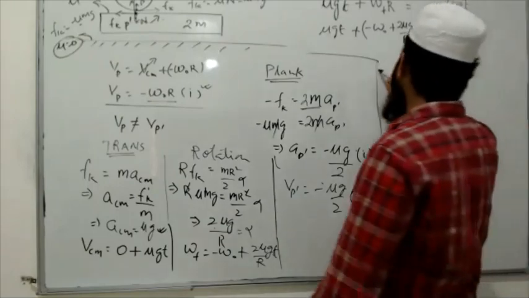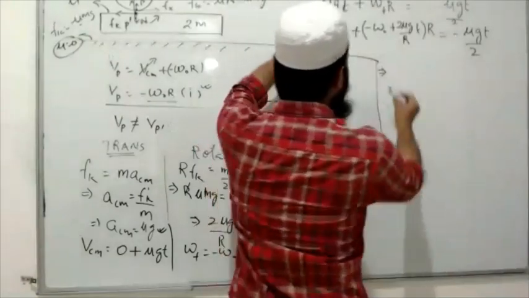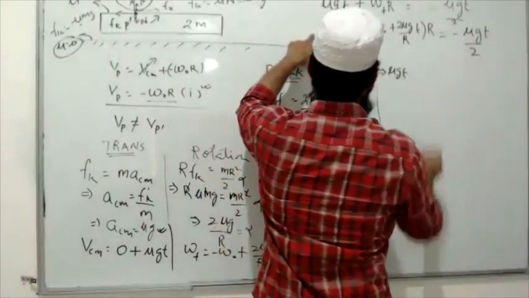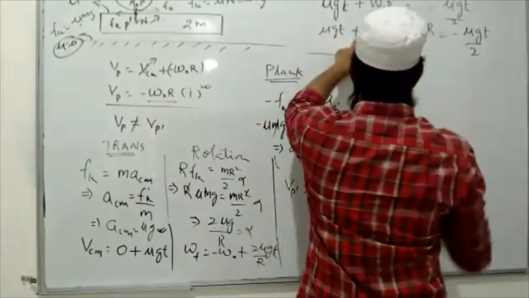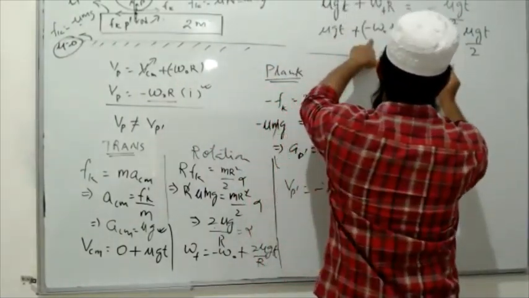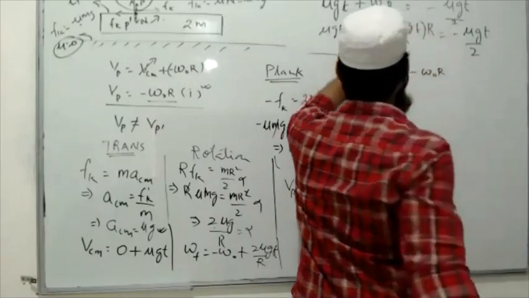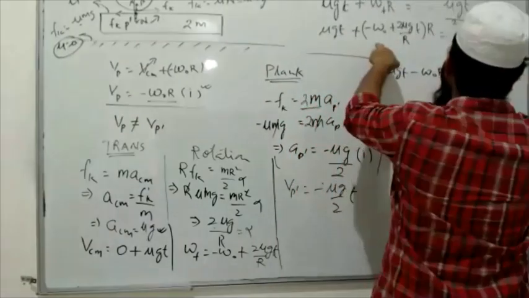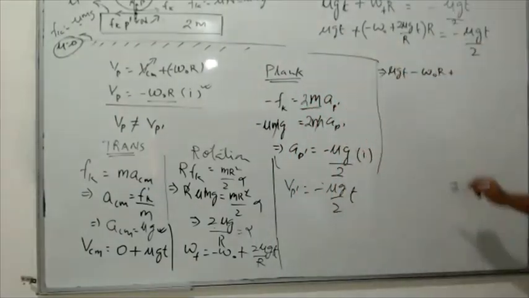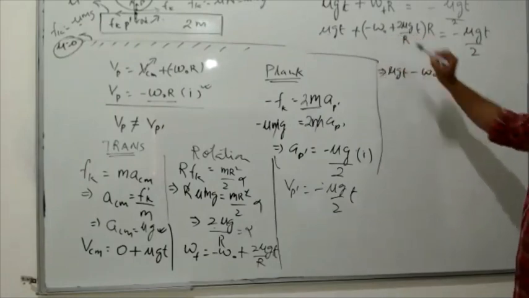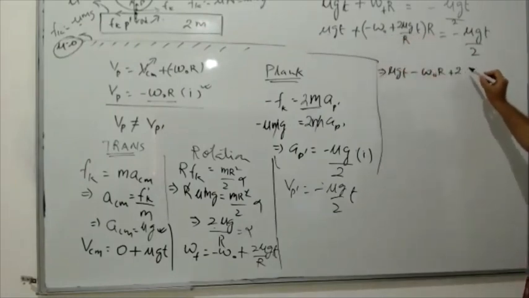And from here, if you calculate, mu g t minus omega naught into r plus 2 mu g into t will be equal to minus mu g t divided by 2.